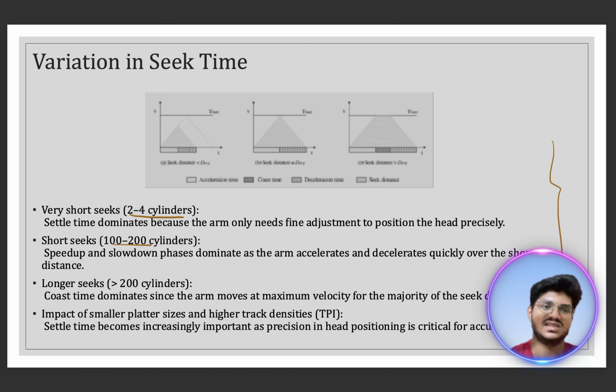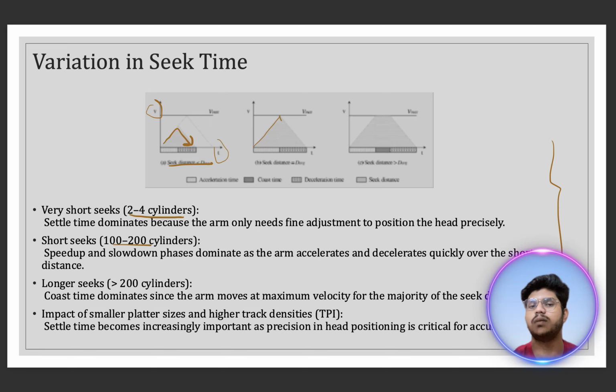And as I said, you can see this graph. If it is a short seek, then it will never reach its maximum velocity. It will just increase and then decrease, and settle at a particular sector. If it is very short, then it will happen like this. You can see that this is the velocity and this is the time.